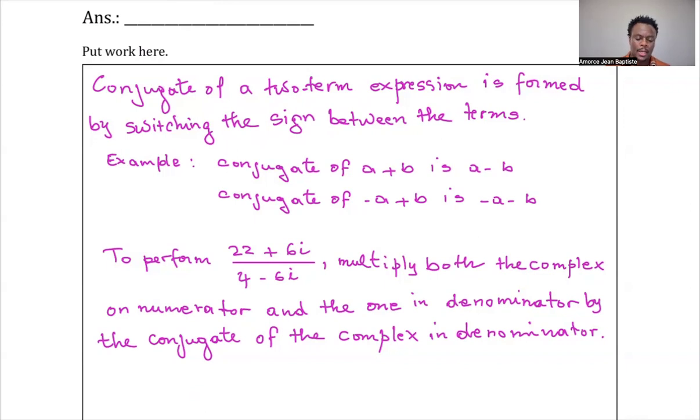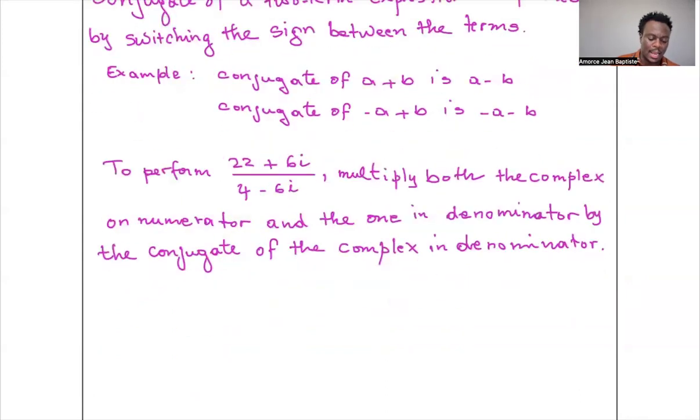The complex number in the denominator is 4 minus 6i.